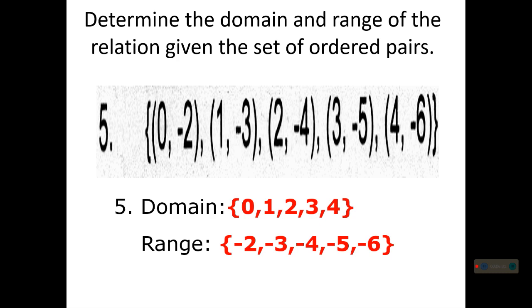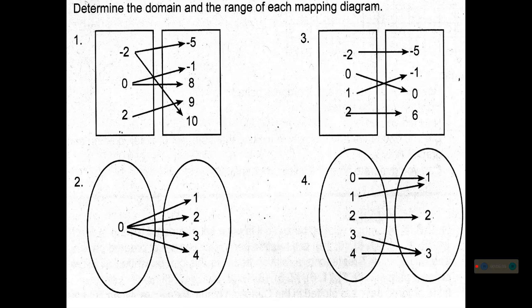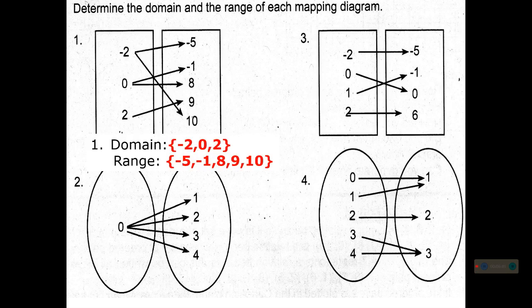Again, those are all sets of ordered pairs. How about if we have this mapping diagram? In number 1, the domain will be negative 2, 0, 2, and the range will be negative 5, negative 1, 8, 9, 10. Next, number 2, the domain will be, correct, 0, and the range will be 1, 2, 3, 4, correct.